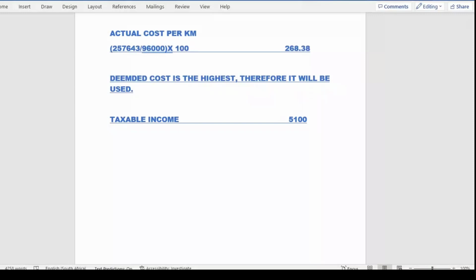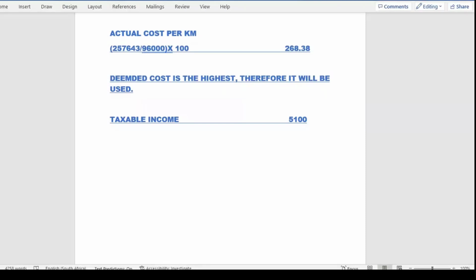Yes, remember the reason for you to calculate the two, the deemed cost and the actual cost, is to determine the greater one that is going to be used to calculate the business allowance. However, if we find that the business allowance is greater than the travel allowance, that means there is a taxable portion. But if the travel allowance is greater than the business allowance, there is no taxable portion.